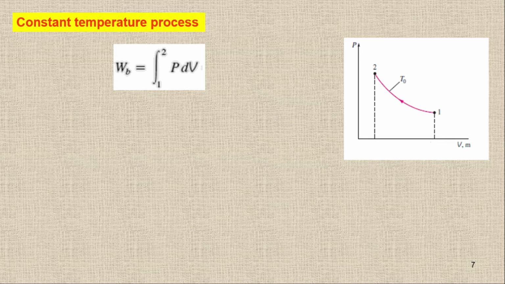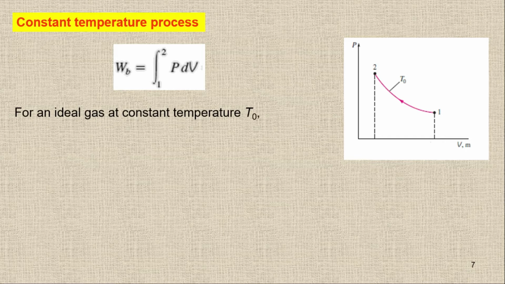We have to replace the pressure by an expression in which we have volume. But we have a constant temperature process, the isothermal process. So how can we replace it?